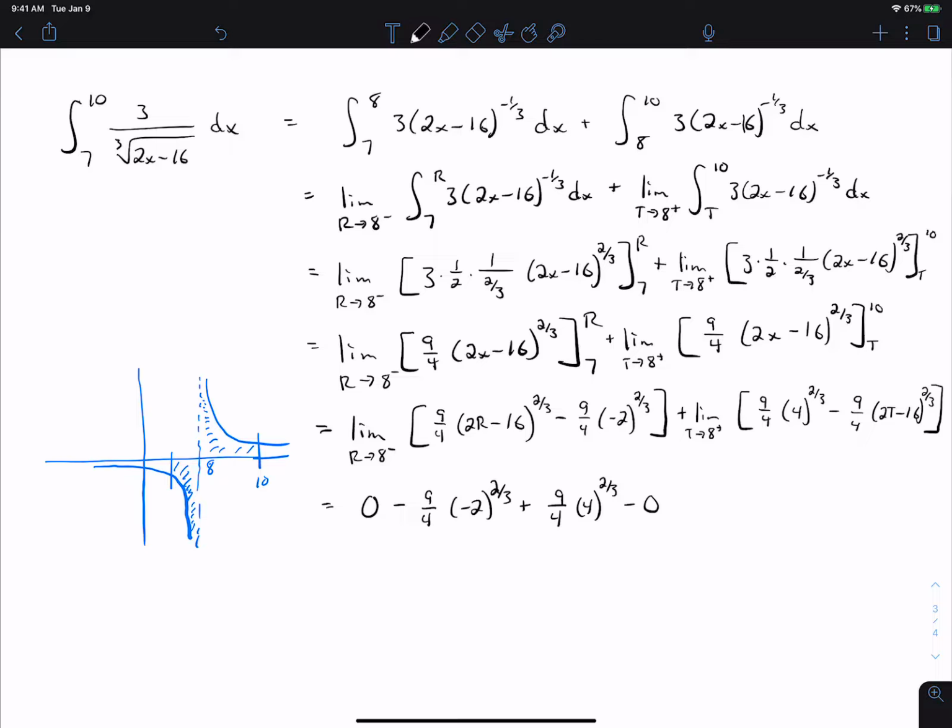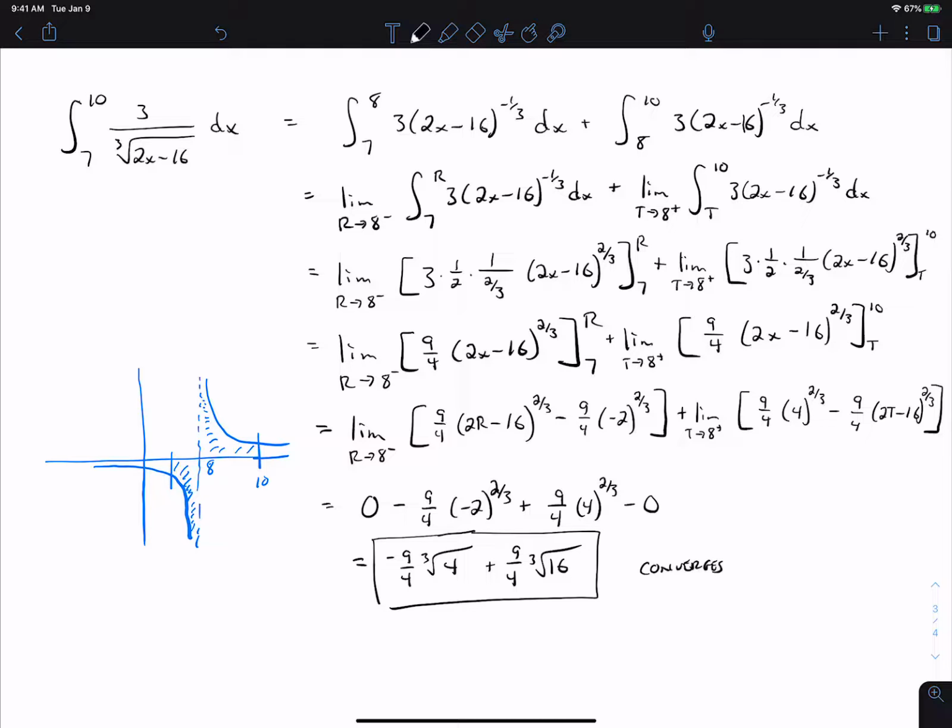We can simplify this a little bit, so I might make this negative 9/4 cube root of 4 plus 9/4 cube root of 16. Beyond that, there's not much we can do without a calculator. I guess we could make it into prime numbers, but there's no real need for that. And so we can say this is the answer, or we could say it converges to that answer.